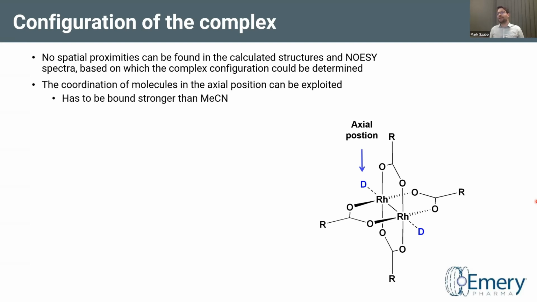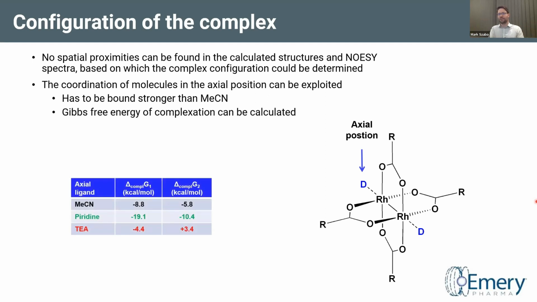The only thing is that, whatever the molecule is, it has to bond stronger to the rhodium than acetonitrile, which was our solvent, and which is a deuterated solvent, so I can't use it to measure any spatial proximity. So what I did, again, is that I calculated Gibbs free energies of complexation.